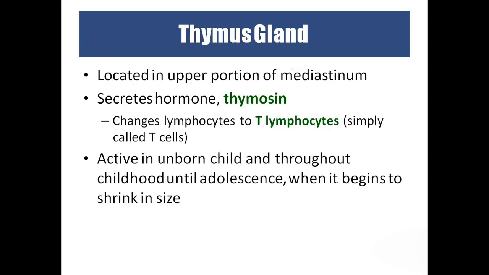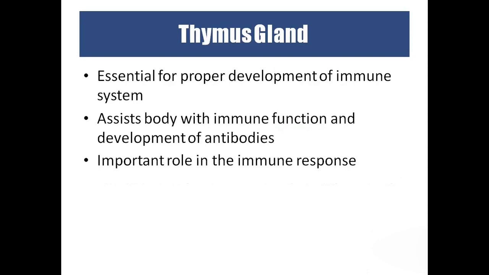By that period, the thymus gland shrinks in size. By this time, we don't have a functional thymus gland. Essentially, it is very important for the proper development of T lymphocytes, which are responsible for cell-mediated immunity, meaning immunity in the tissues.